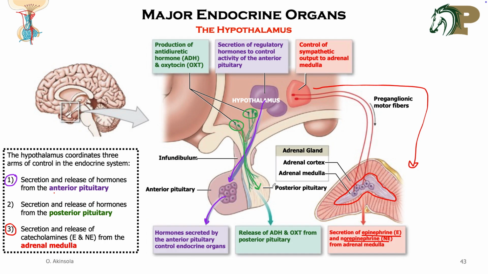It does not produce anything. When the time is right, we get release of ADH and oxytocin from the posterior pituitary, and that is what we see here. So those are 3 different arms of control for the endocrine system that the hypothalamus will coordinate.